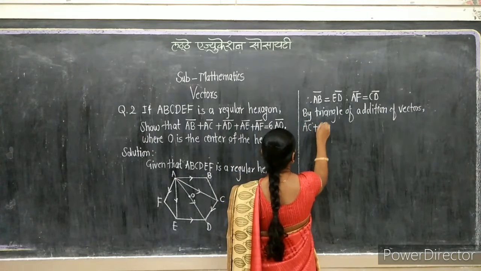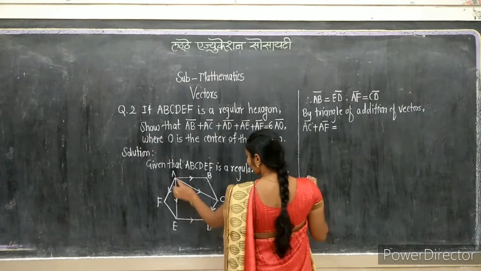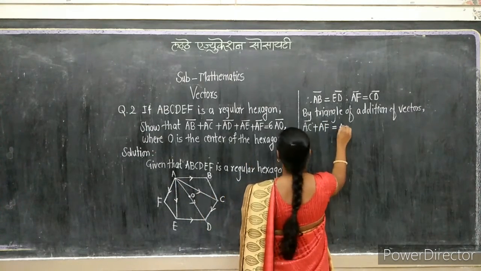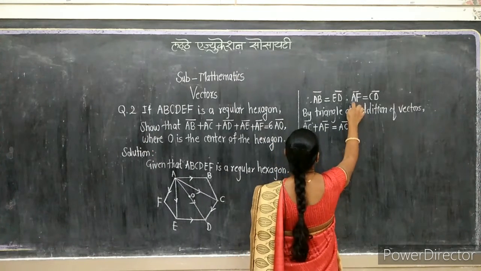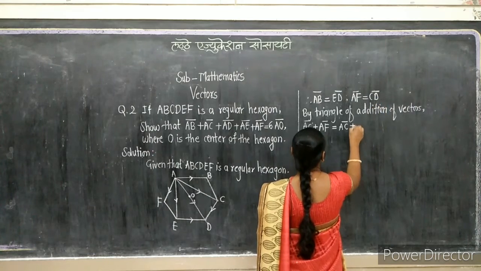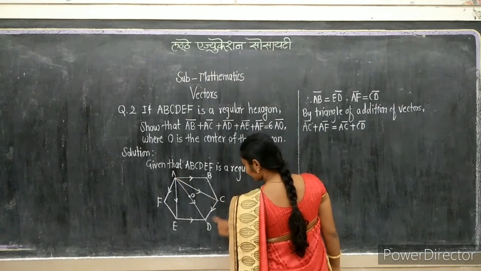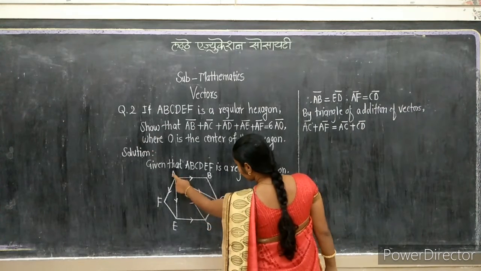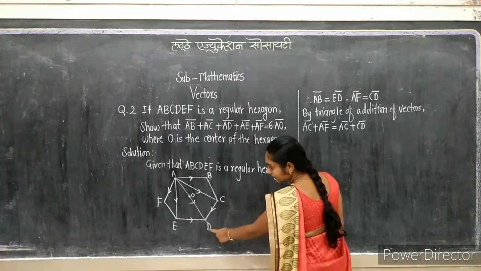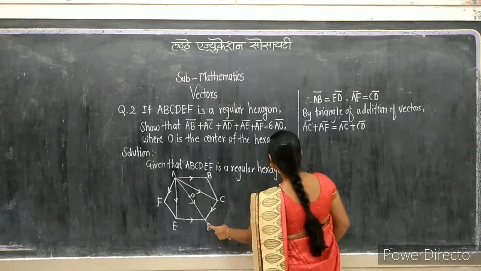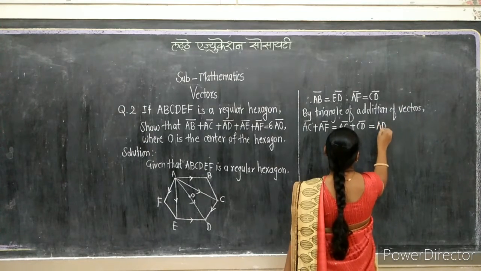AC bar plus AF bar is equal to AC bar as it is, but here AF bar is same as CD bar. It is AC bar plus CD bar. See the triangle ACD. AC bar plus CD bar is equal to AD bar by triangle law.